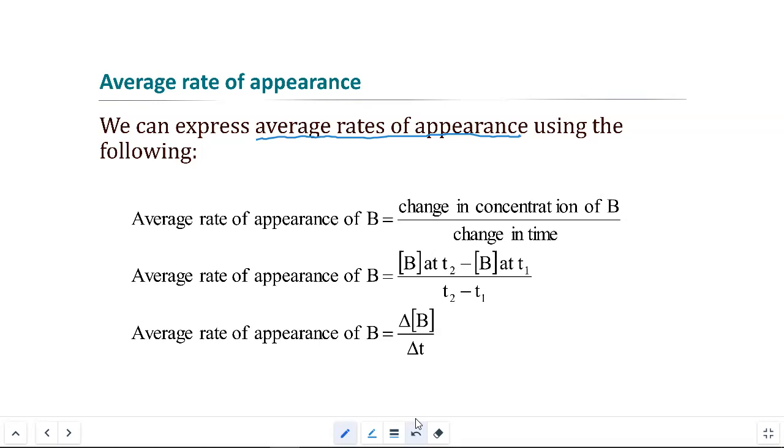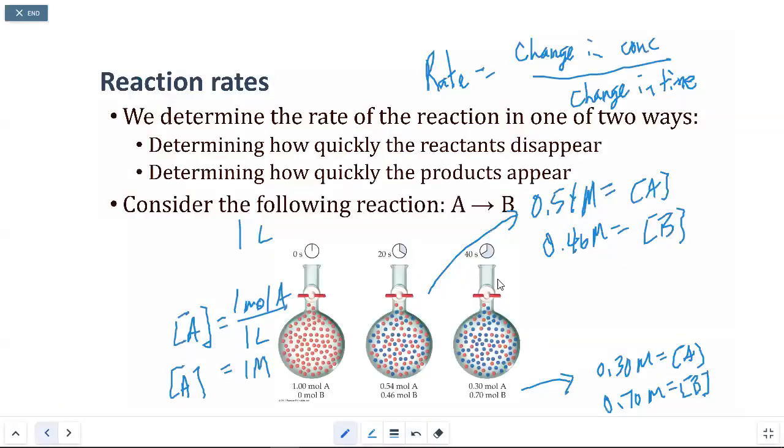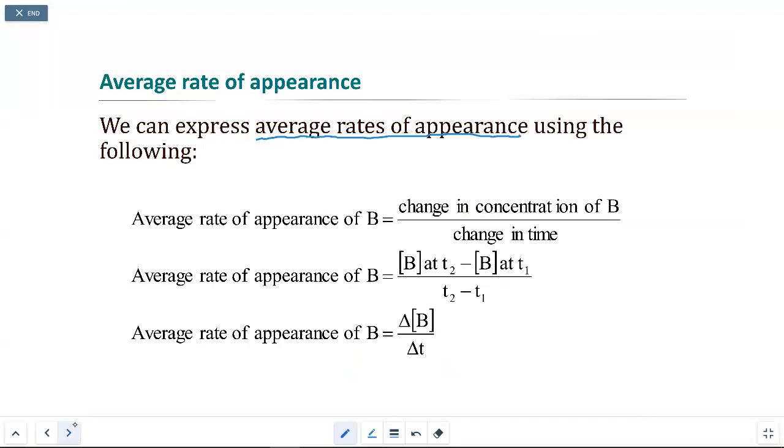So in the case of B, looking back again where we were, we started at 0, we ended at 0.46. So 0.46 molar minus 0 molar over 20 seconds minus 0 seconds.